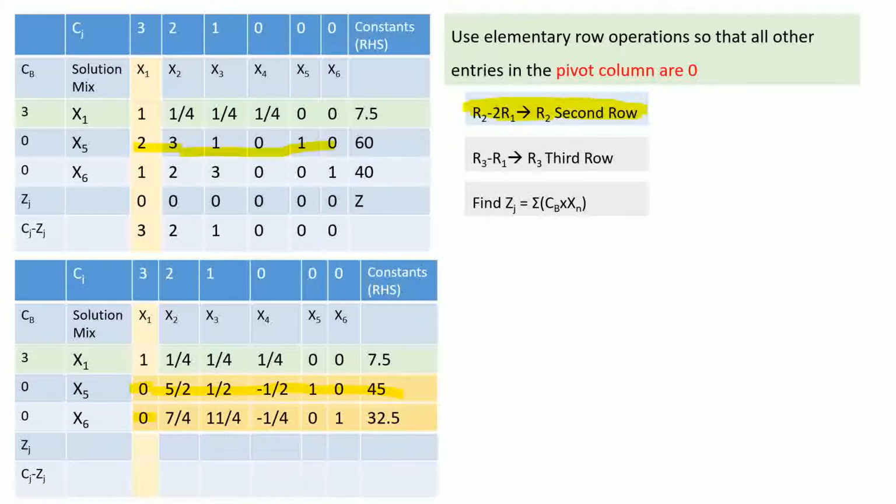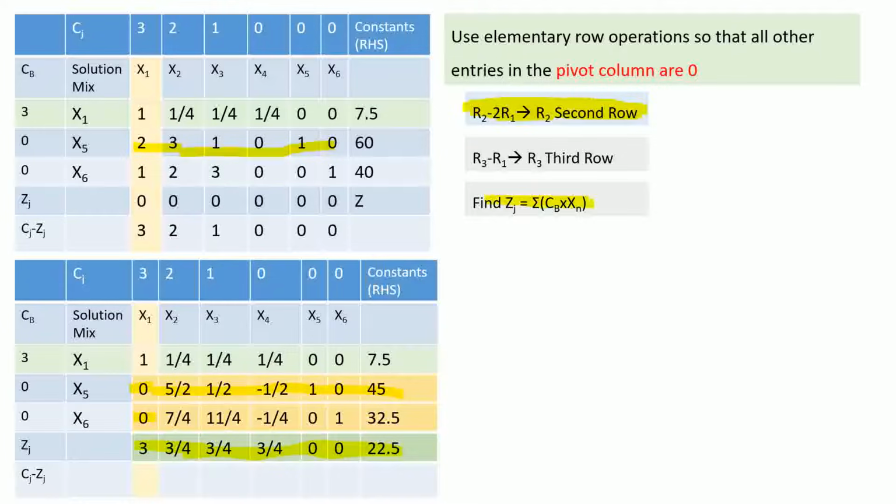So it becomes 3. And we have to calculate 3 times 1 over 4 is 3 over 4, plus 0 times 5 over 2 is 0, 0 times 7 over 4 is 0. So it becomes 3 over 4. And the same is true for the remaining values.